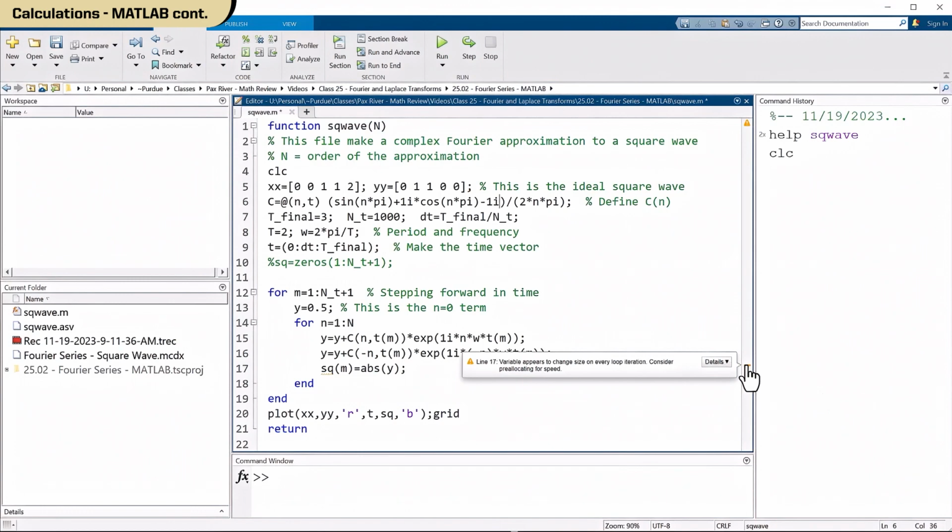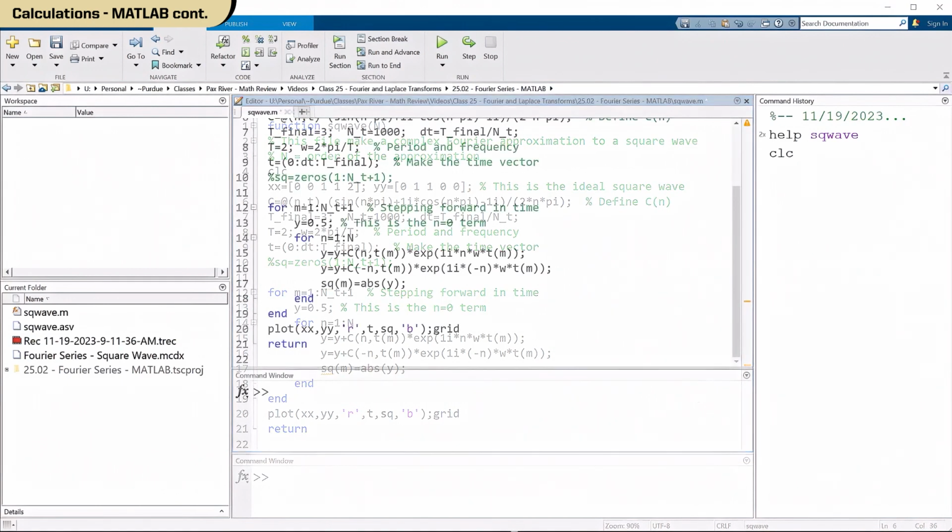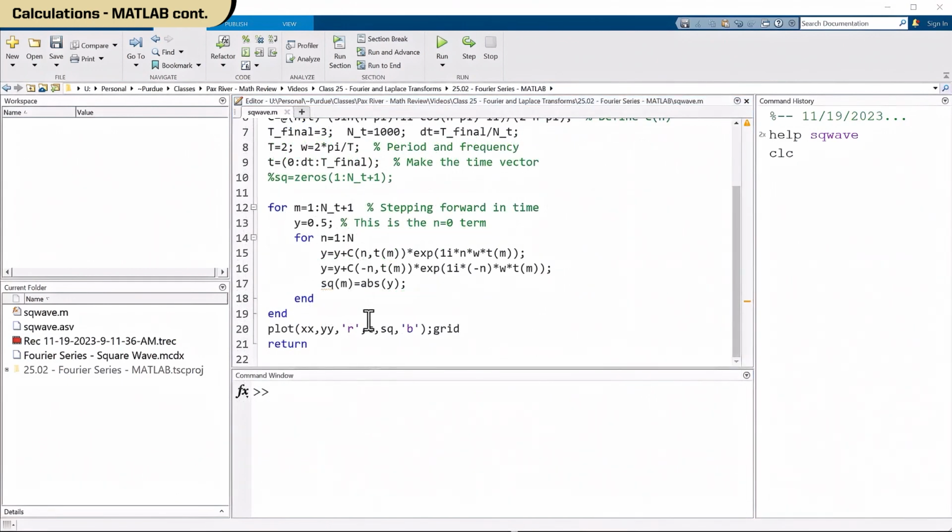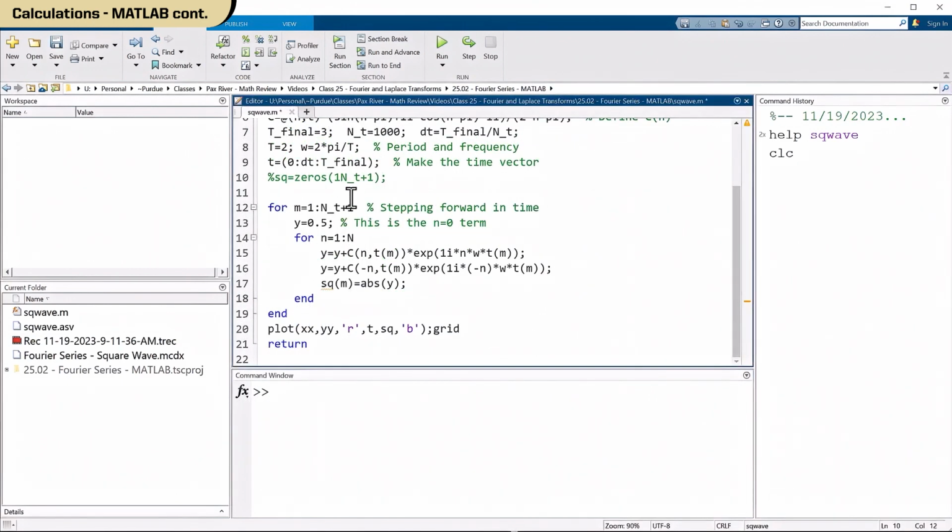On line 17, I'm changing the length of this vector SQ for square wave. Every time I go through here, it gets bigger. Now, I just noticed one syntax problem here. That shouldn't be a colon, that should be a comma. If you don't give the zeros command 2 dimensions, it makes a matrix the size of whatever dimension you gave it.